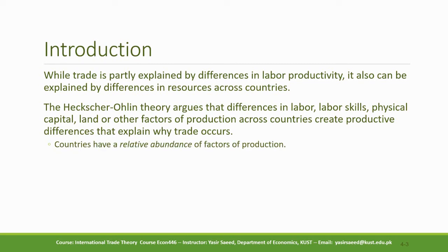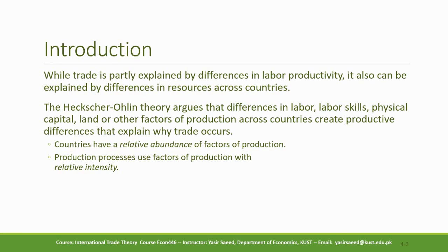Countries have relative abundance of factors of production. Some countries are abundant in land, whereas other countries are abundant in labor, and some countries might be abundant in capital. So all countries have different levels of abundance in different factors. And again, production processes use factors of production with relative intensity.